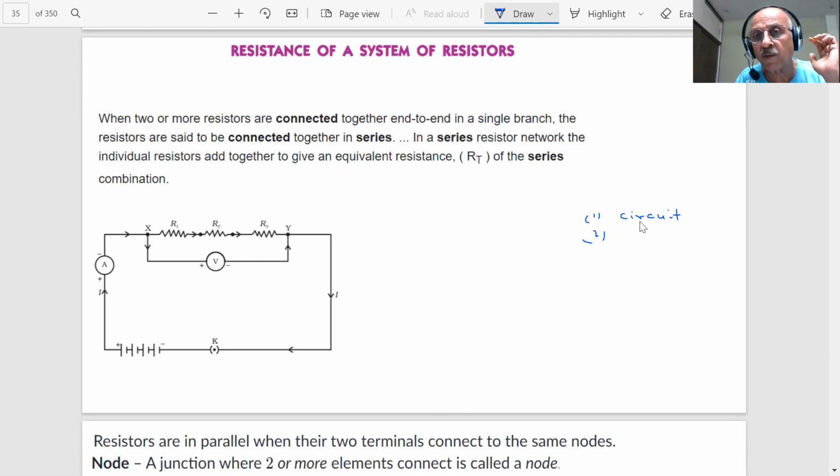We told you the current I which is flowing depends on two factors: the resistance R and V, the potential difference applied across the conductor.